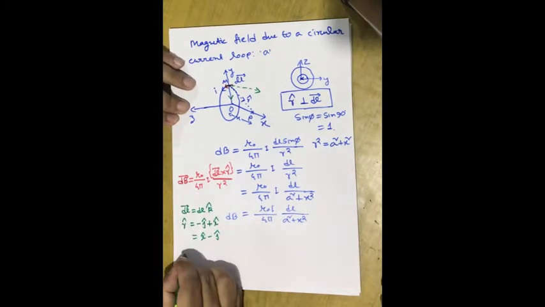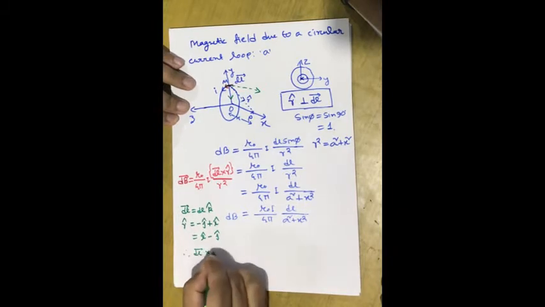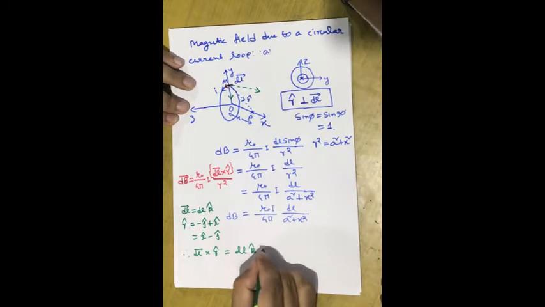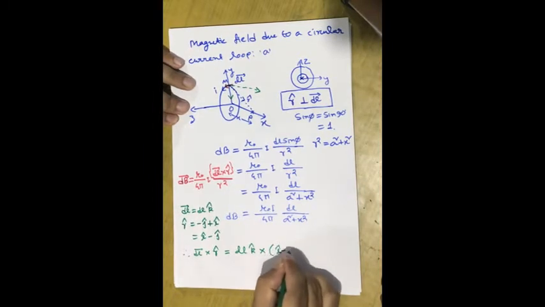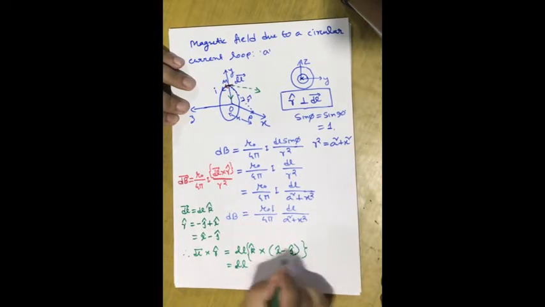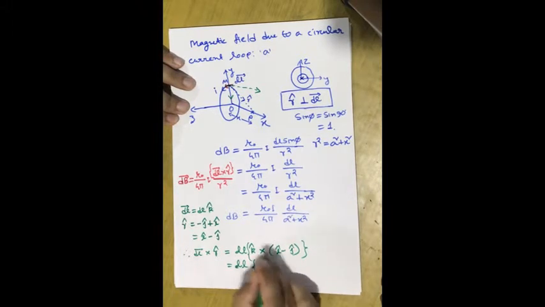So dl cross r cap will be equal to dl into k cap cross i cap minus j cap. dl, k cross i we know is plus j vector, minus k cross j we know is minus i cap.